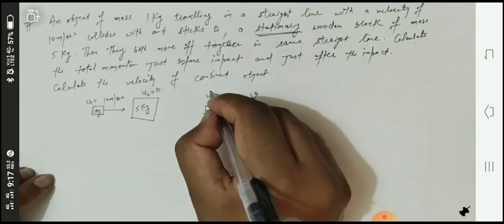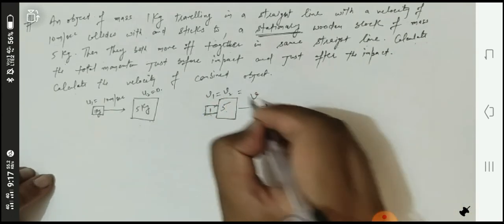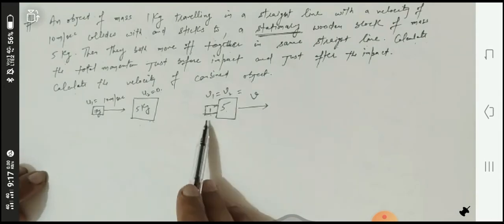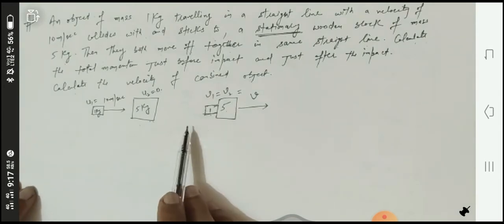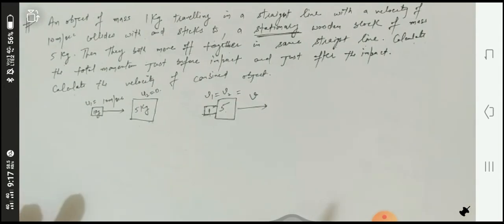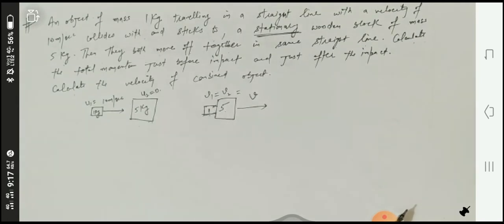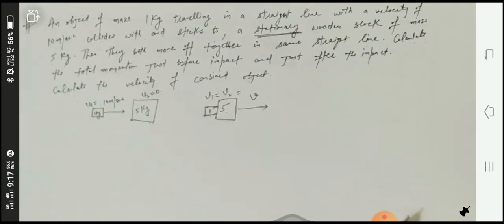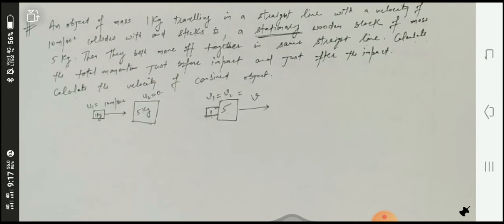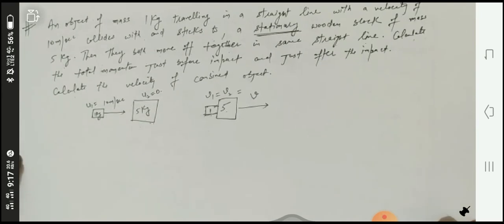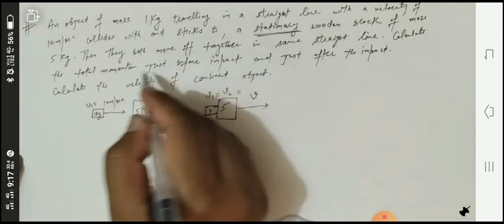Means in this case v1 is equal to v2 is equal to v, because they stick together and move with the same velocity. We need to calculate this v. Clear? Right. So the total momentum before impact.